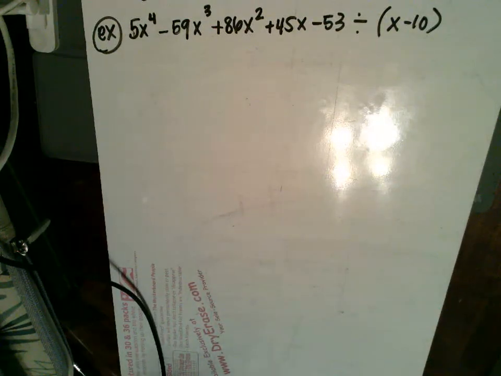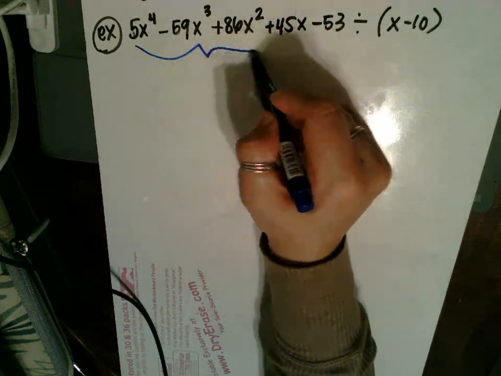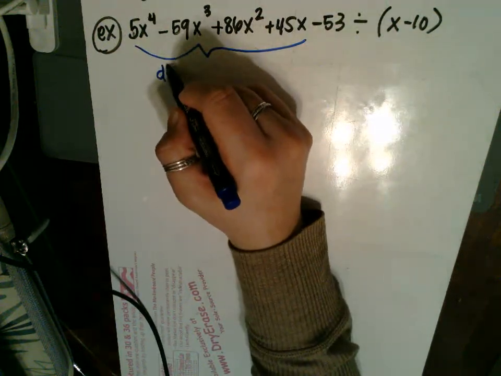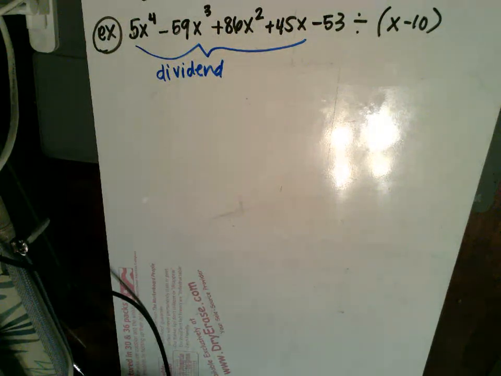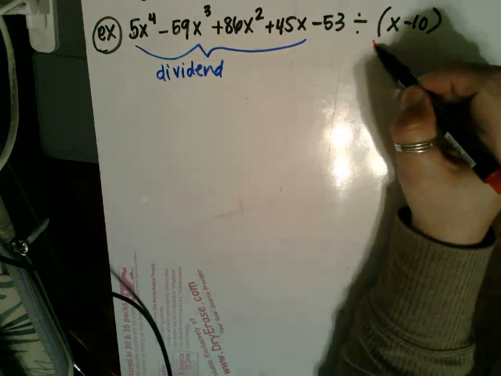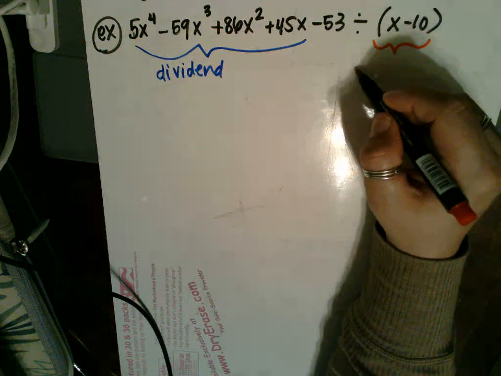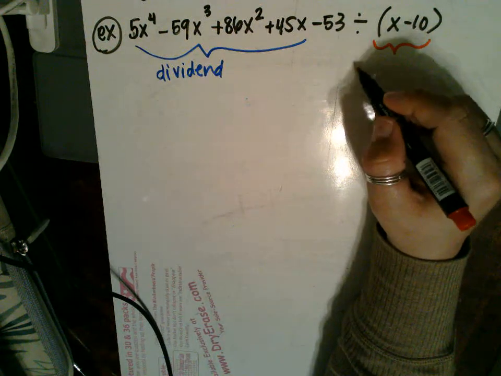Again, remember the long polynomial is always the dividend. The short polynomial is always the divisor.